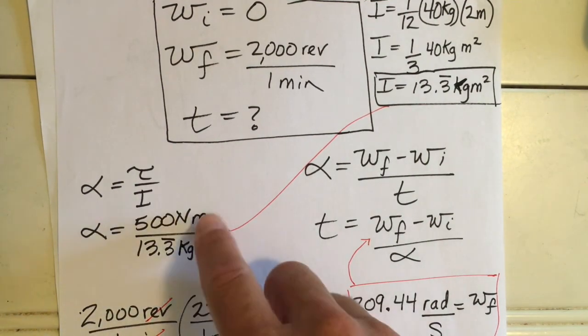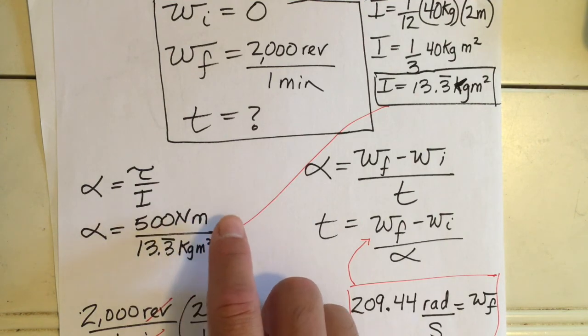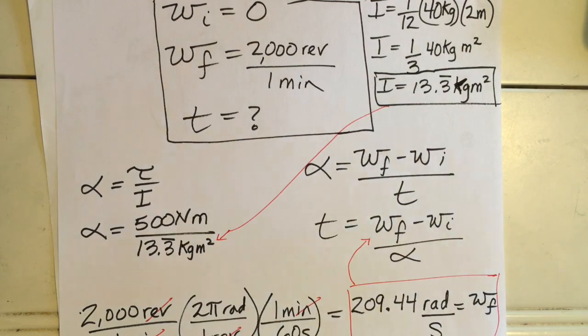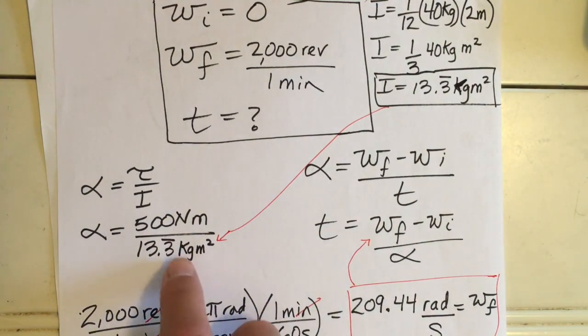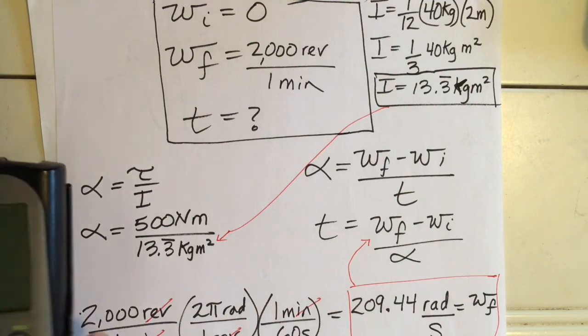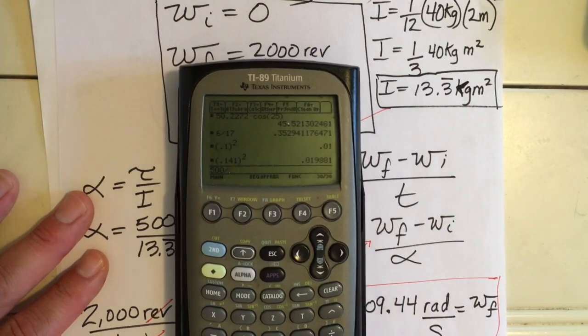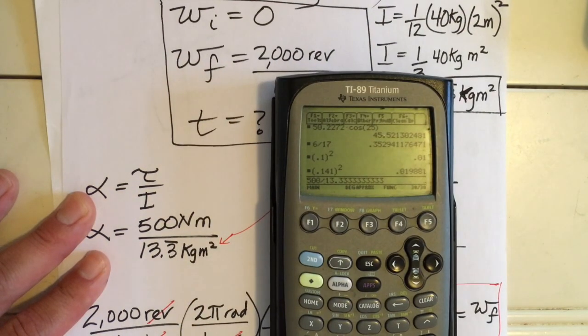All right, notice our meters, we're going to end up with newtons divided by kilogram meters, which is going to give us per second squared on bottom, and it's going to be radians per second squared. All right, so let's take the 500 divided by 13 point, I don't know how to do 3 repeating, so I'm just going to type in a bunch of 3s like that. Good times.